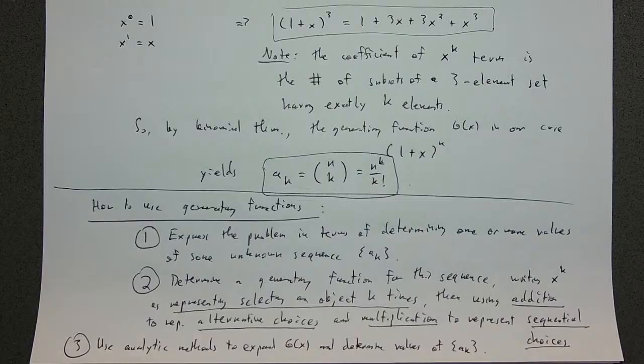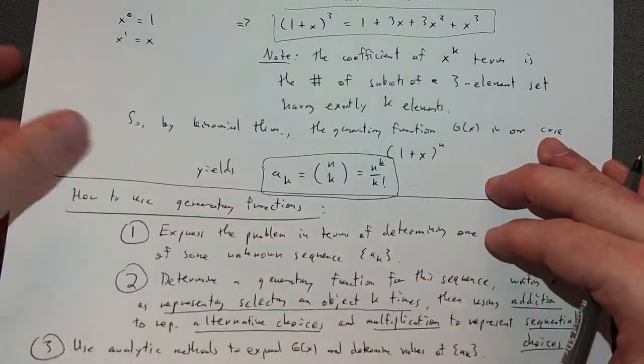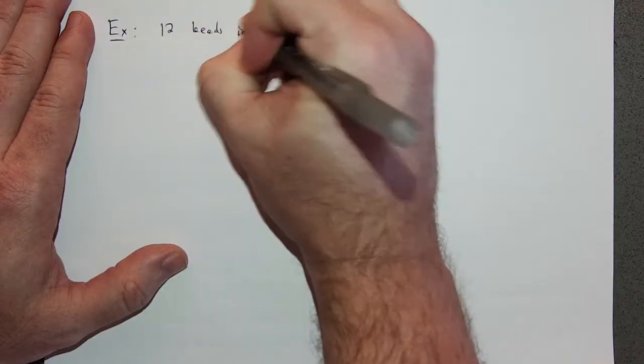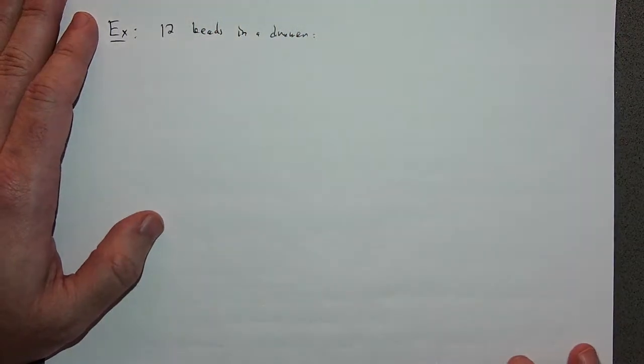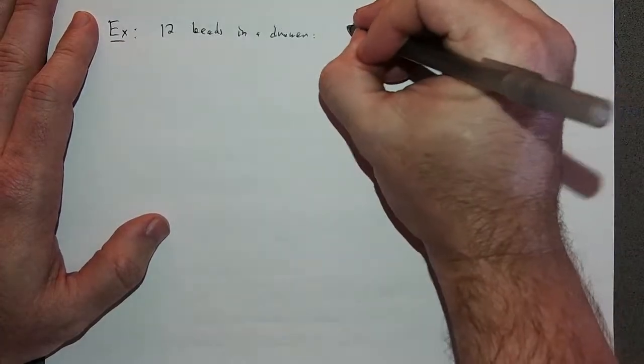Let's do one example before I go on to my specific examples here. So here's an example. In this example, we'll say that we have a drawer that contains 12 beads. The 12 beads in the drawer: there are 3 red, 4 blue, and 5 green.